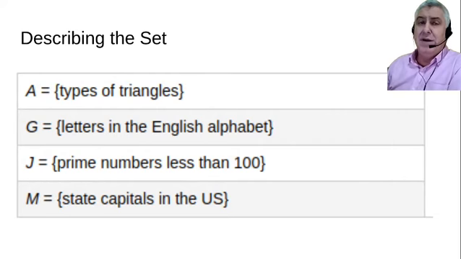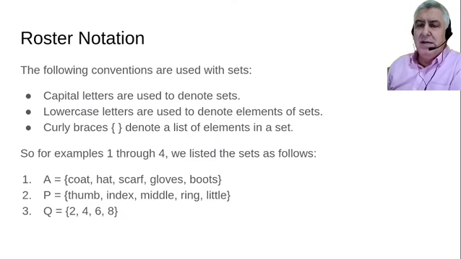But then the other way that we use most of the time is roster notation. We're going to learn a lot of notation in these next 2 days. We always use capital letters to talk about the sets.